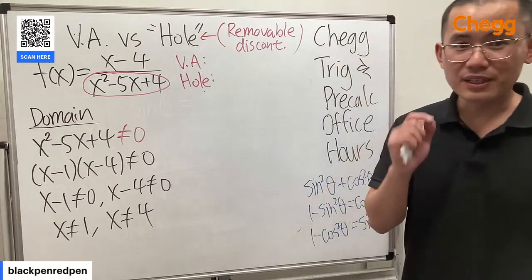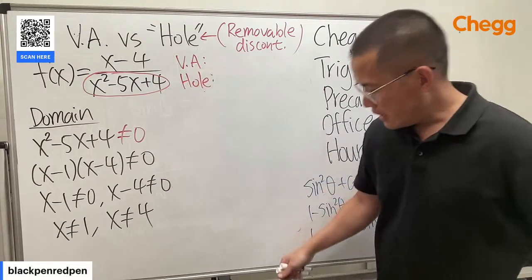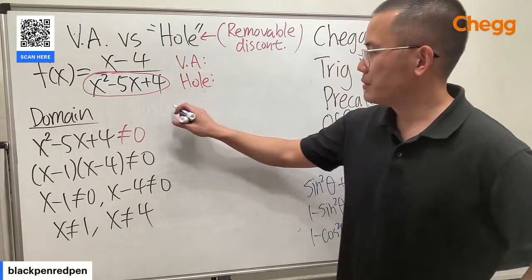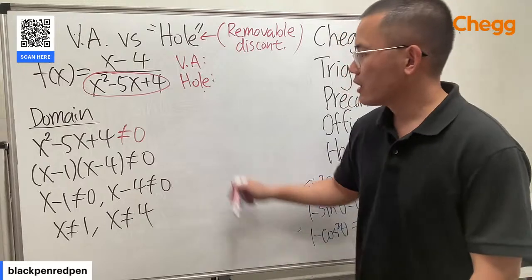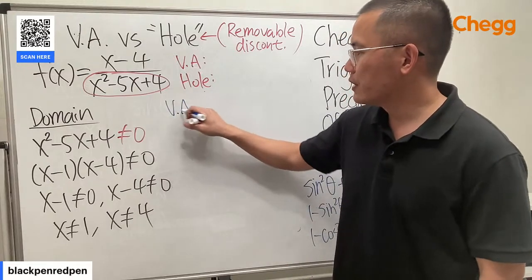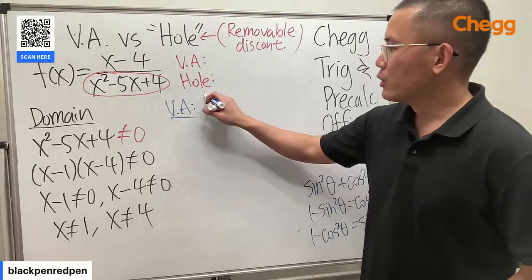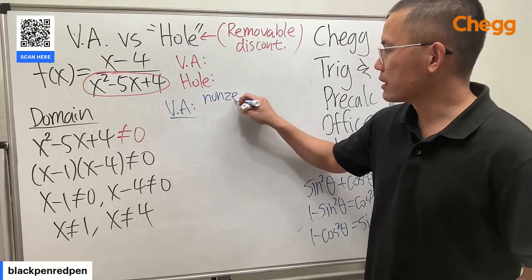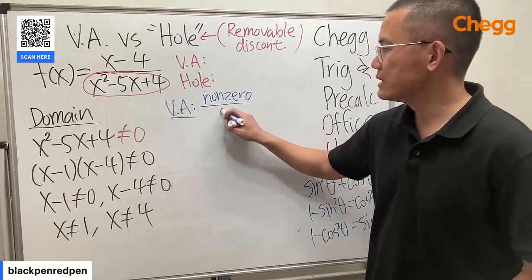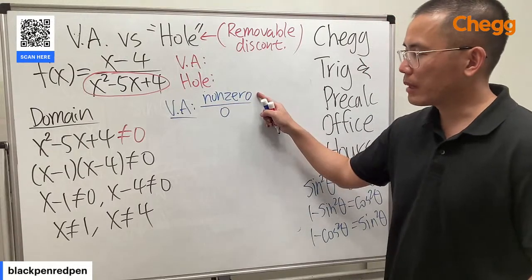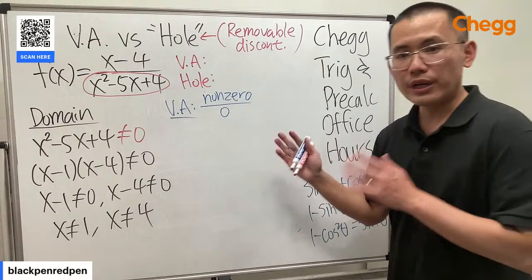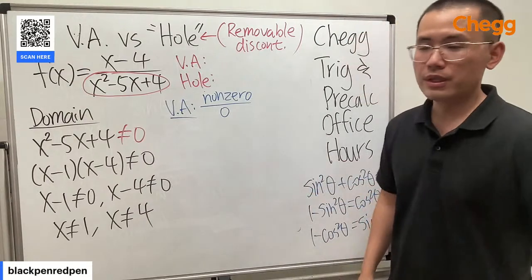Now, I'm going to give you guys some notes. For VA, meaning vertical asymptote, you have to be careful to have a non-zero number on the top over 0. This right here will give you the vertical asymptote.